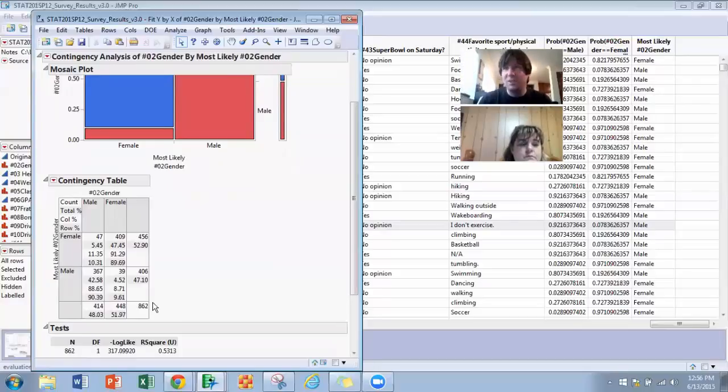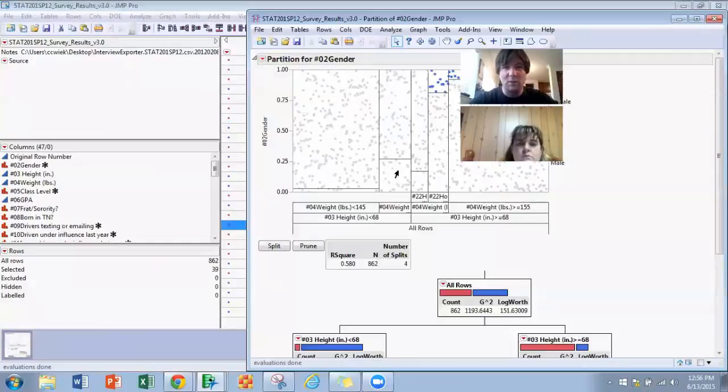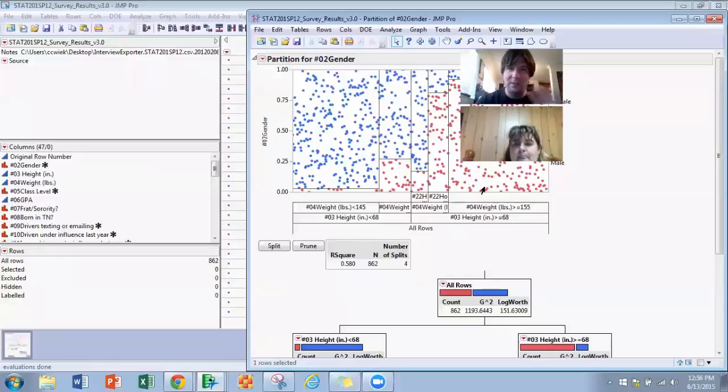Right. Which I think if you think about it, it's pretty easy to explain. If you say, how tall are you? How much do you weigh? Things we generally think about that explain differences between male and female. And that doesn't mean we explain everything, because we'll get into R squared and everything later on. We're not able to perfectly explain, and I always find it fun in class because I usually have people do this, and we try to figure out why we missed, because there's a lot of reasons to miss, and because not everyone is the stereotype.